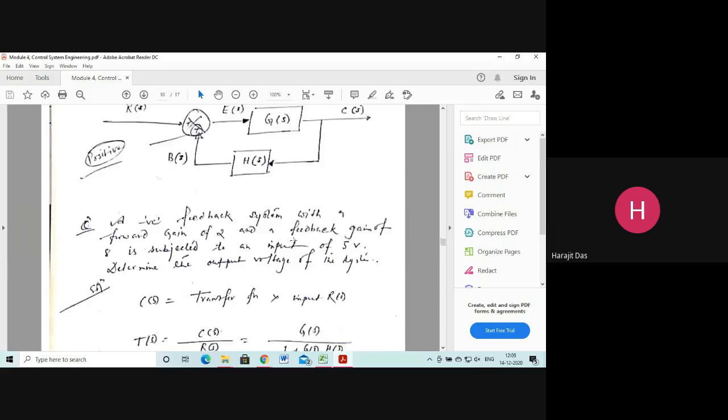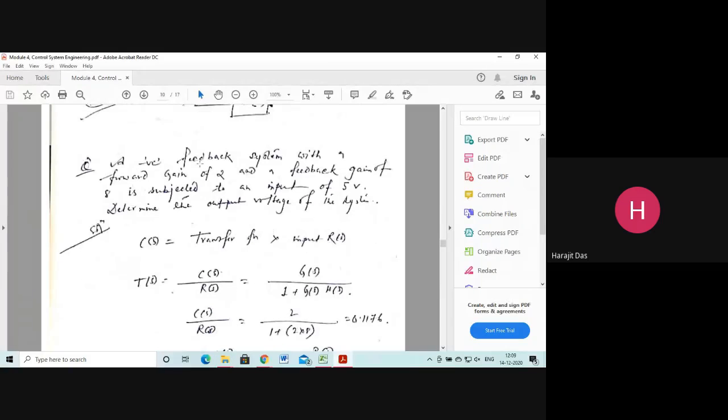Now you can take one problem: a negative feedback system with a forward gain of 2 and a feedback gain of 8. The forward path gain is represented by G of S, which is 2, and the feedback path gain is H of S, which is 8.